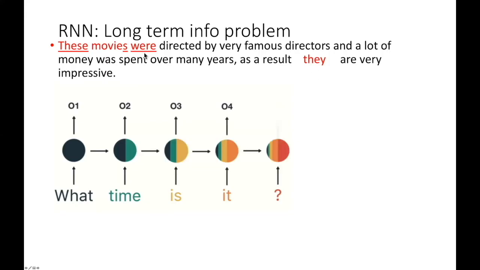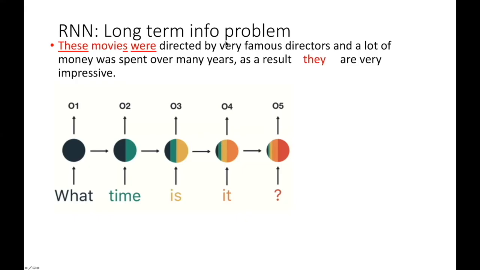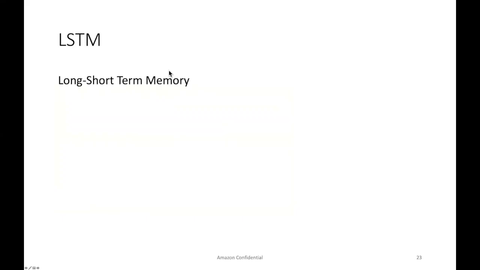But an RNN may make the mistake that it refers to famous directors simply because it is forgetful and forgets this older context. So we have a newer kind of network called long short-term memory networks, and these enable us to make sure that the forgetfulness problem is minimized.